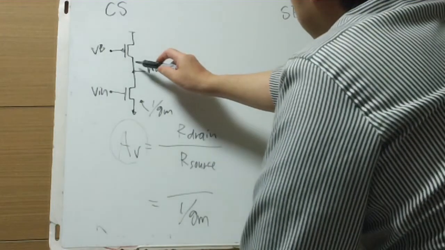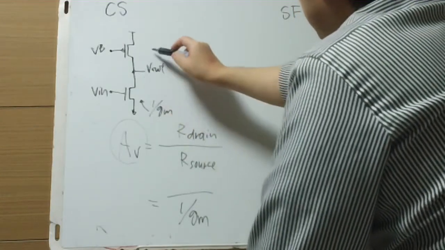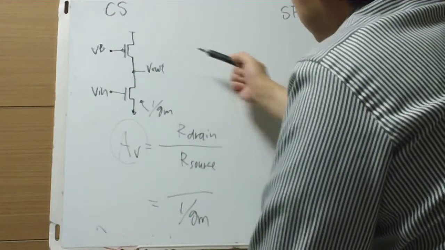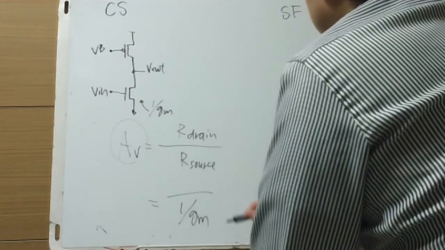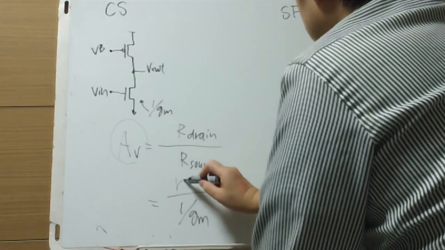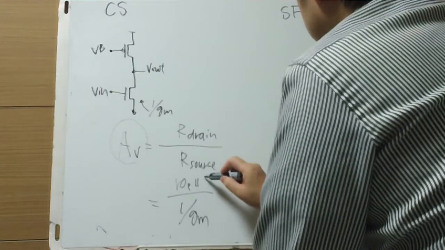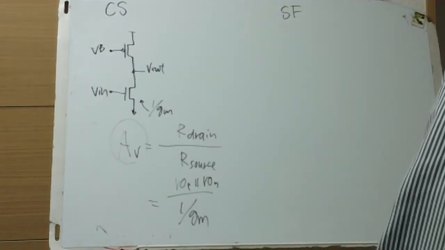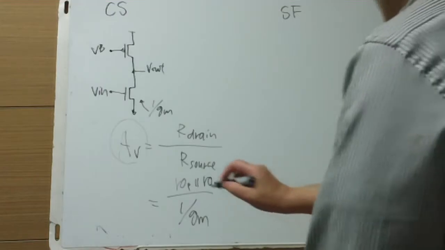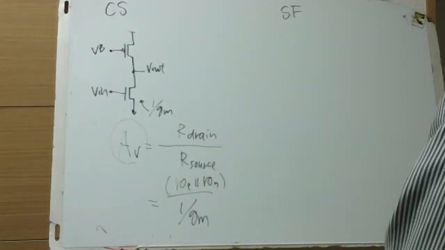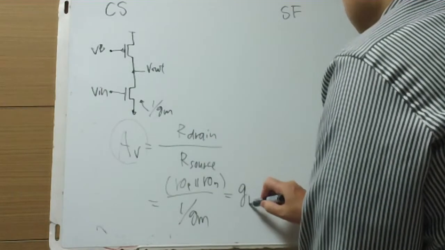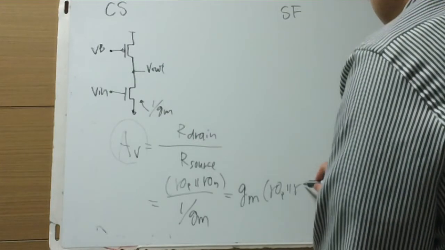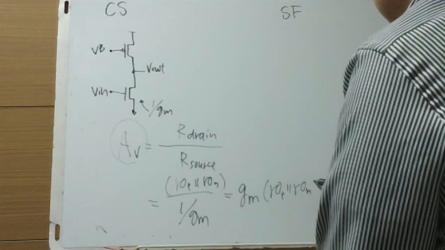So the GDS, say RO of the P channel and N channel, is a parallel resistance looking into the drain. So simply gm times RO load and RO input in parallel.